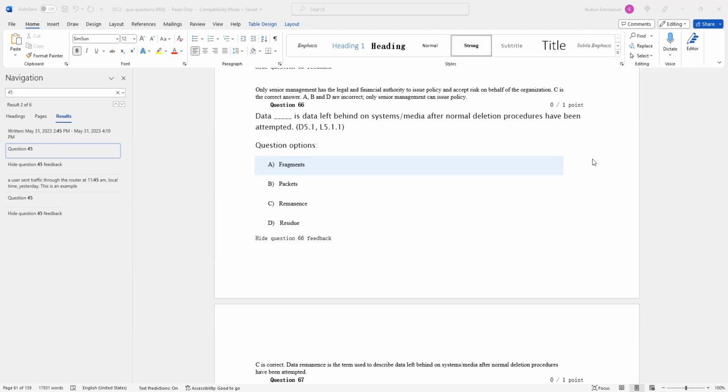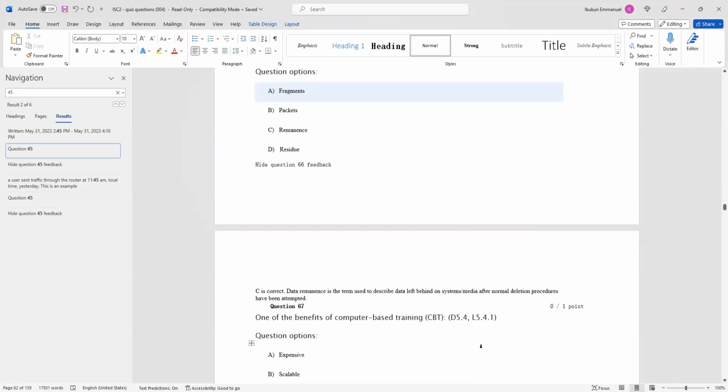We can actually purchase some software degaussers for our home PCs as well. But to totally remove the data, you use a degausser. But data remnants is what is used to describe data left behind on systems media after normal data deletion procedures have been attempted.